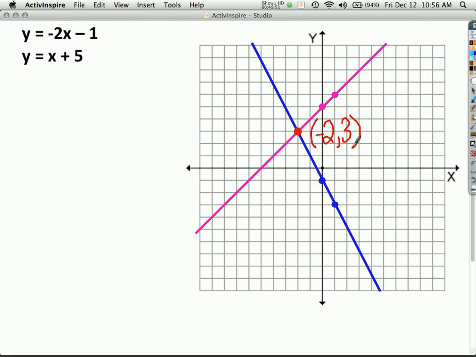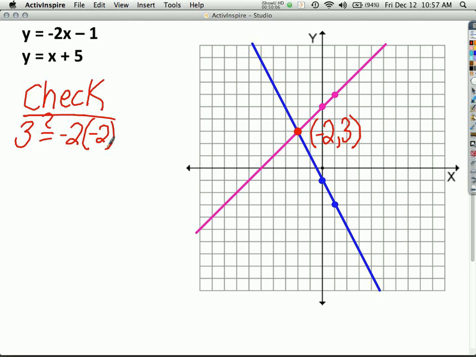We have to check. So let's check the proposal. I got some space over here, so I'll do it right here. So now use the first equation. 3, does that equal negative 2 times negative 2 minus 1? And now the second equation, 3, does that equal negative 2 plus 5?